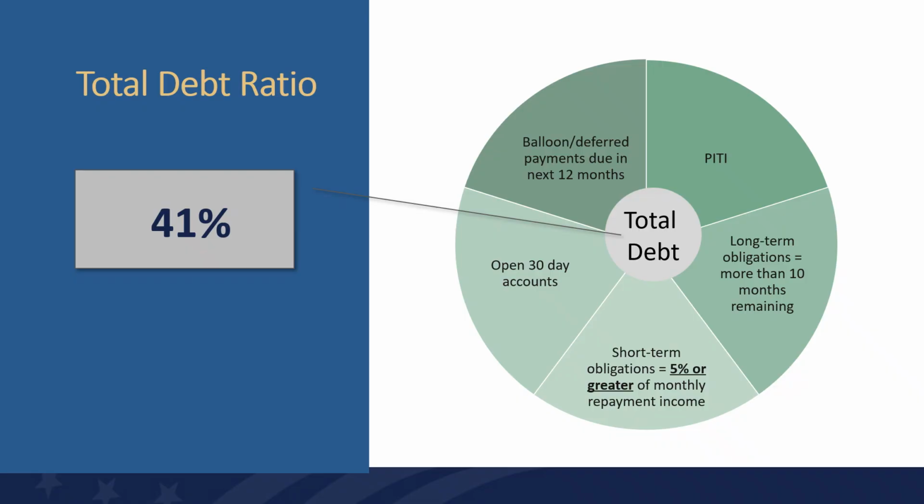For the total debt ratio, applicants are deemed to possess the capacity to repay when their cumulative debt amounts to no more than 41% of their repayment income. The total debt ratio encompasses the monthly housing expenses in addition to any other monthly credit or debt responsibilities.